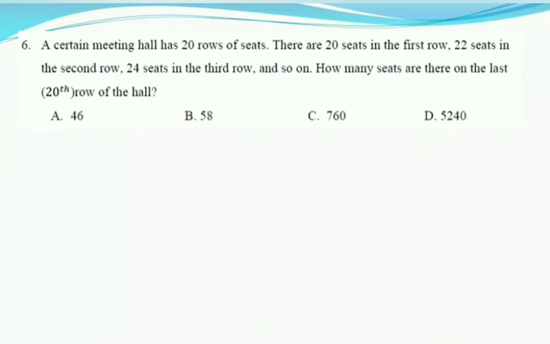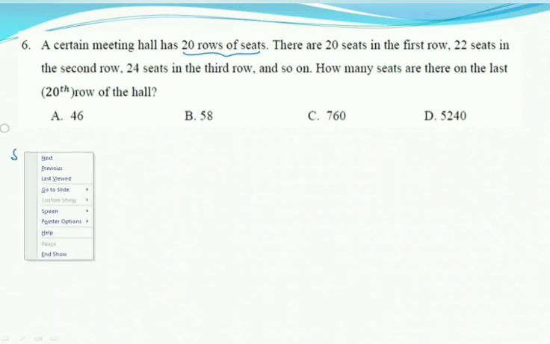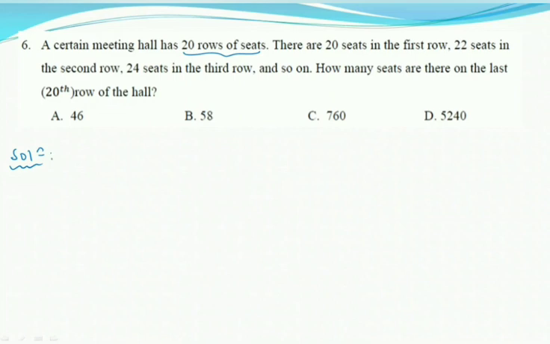A certain meeting hall has 20 rows of seats. Okay, there are 20 rows of seats in a certain meeting hall. There are 20 seats in the first row and 22 seats in the second row.